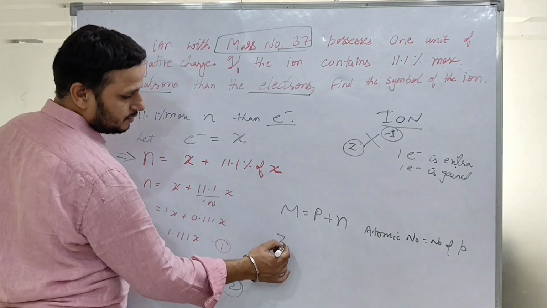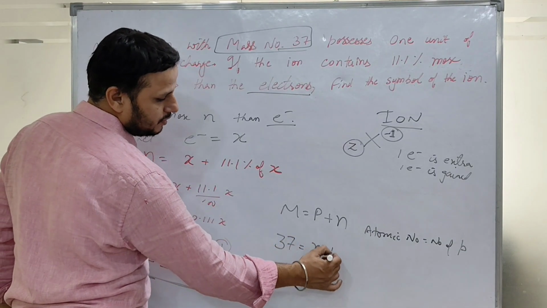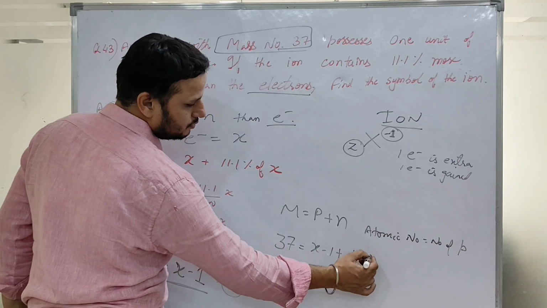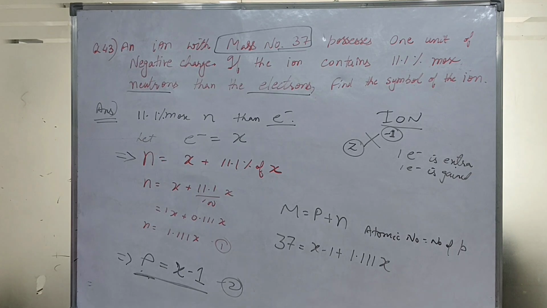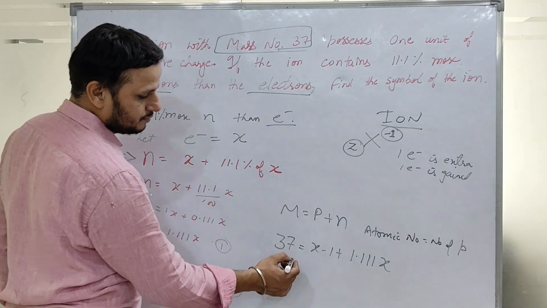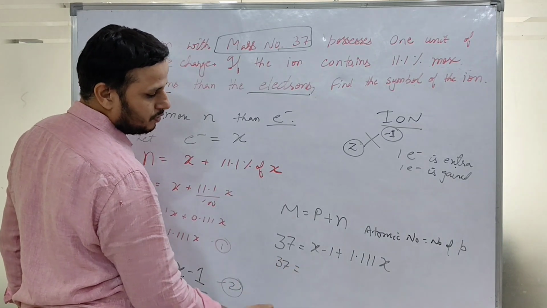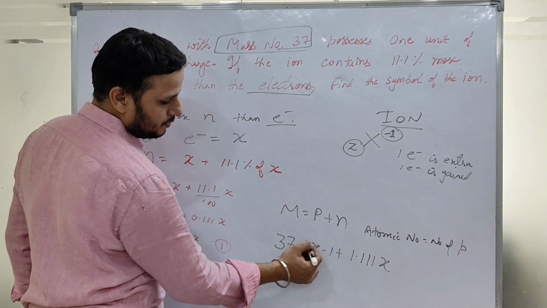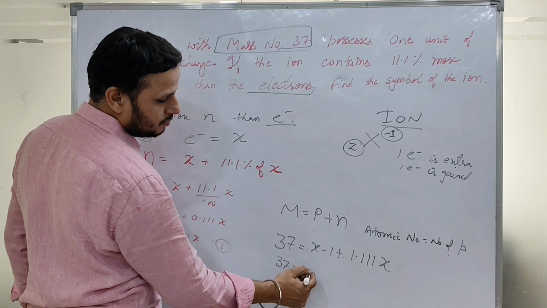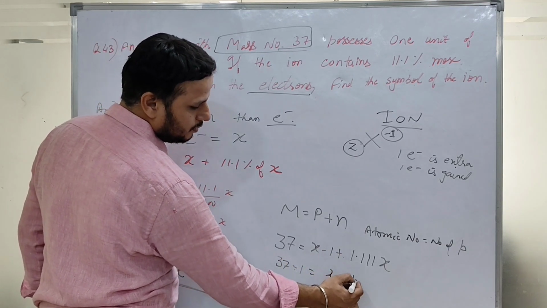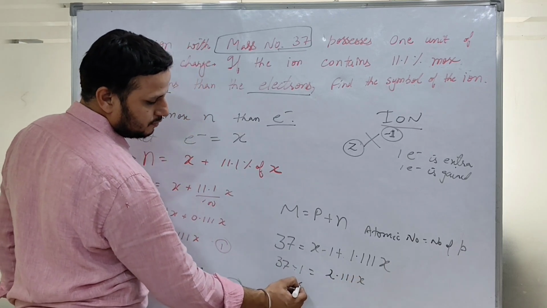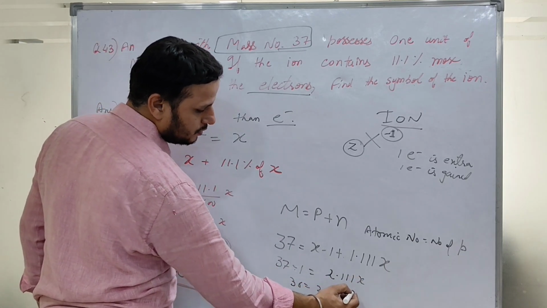So mass 37, proton x minus 1, and neutrons 1.111x. So from here we will get the value of x. 37 is equal to, ये प्लस 1 इधर आ जाएगा, x minus 1 and x plus 1.111x, so 36 is equal to 2.111x.